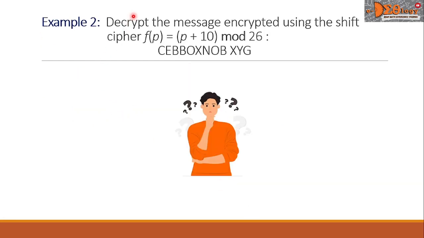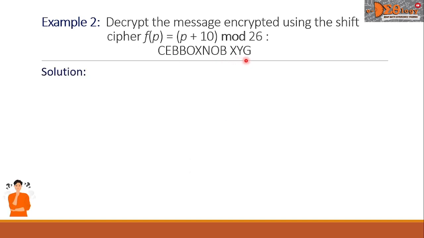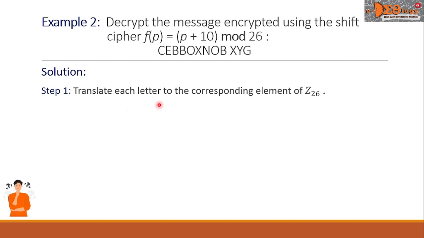Example 2. Decrypt the message encrypted using the shift cipher f(p) = (p + 10) mod 26. The message is C E B B O X N O B, space, X Y G. Step 1. We translate each letter to the corresponding element of Z sub 26.